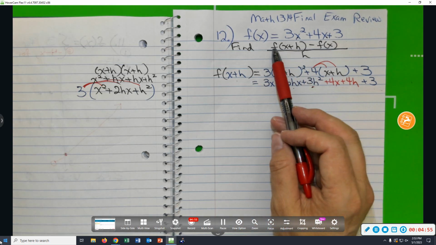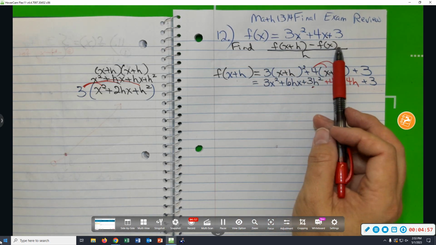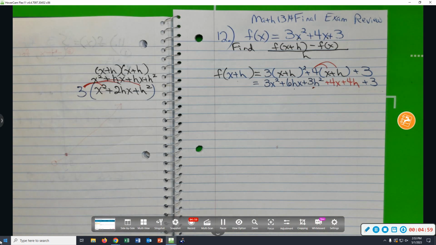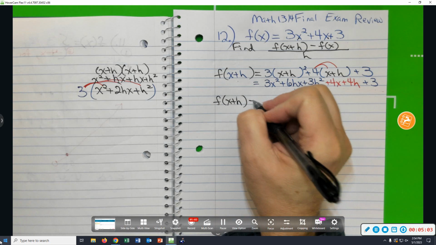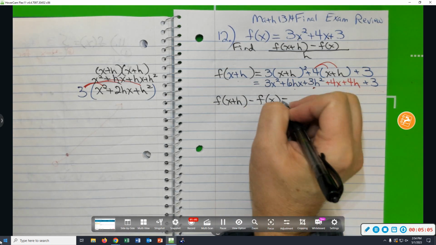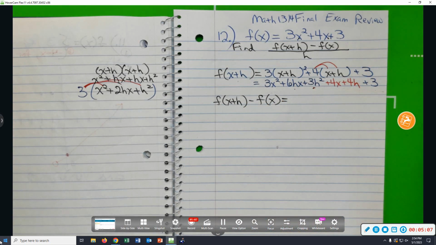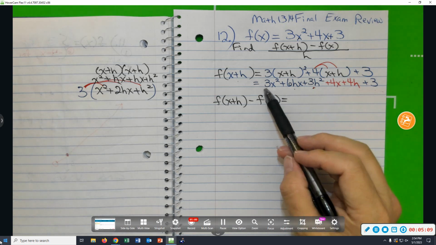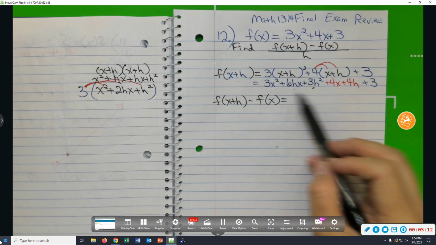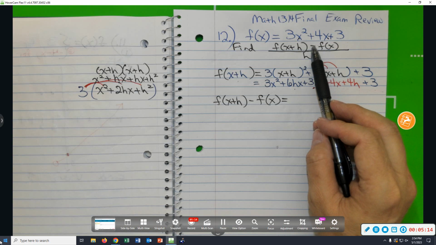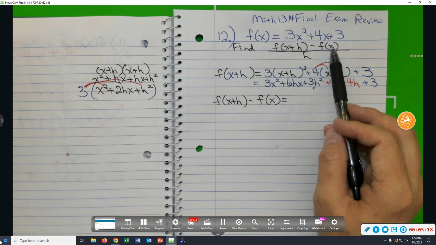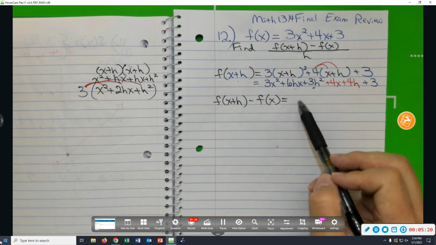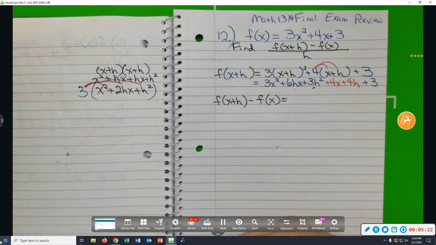The next thing we would do is simplify that entire numerator. F of x plus h minus f of x. That says take f of x plus h and subtract off the original terms. If you understand what they're asking for, you can get this step's answer without showing any work.